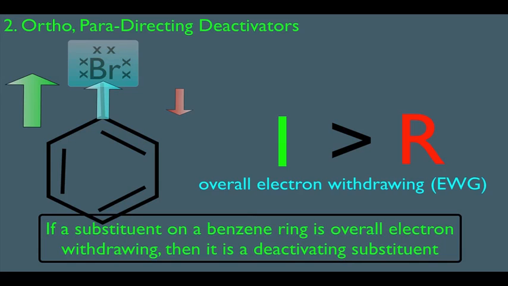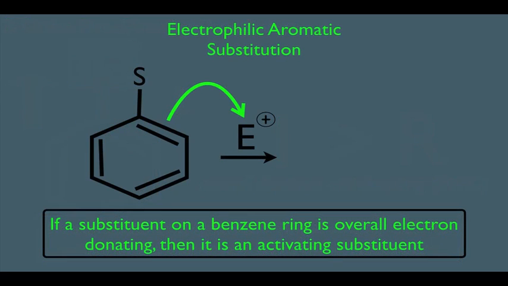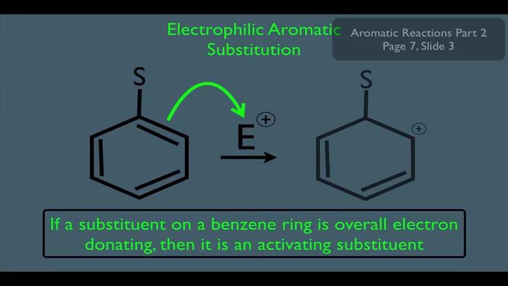Now remember, don't just memorize this blindly. Let's go back to the argument we made in the previous online lecture. Right here, this is the first step of electrophilic aromatic substitution. And after this step, this is the intermediate that you would get. And we said the first type of substituent is overall electron donating, which meant that it added electrons to this positive charge and made it less positive and therefore more stable.